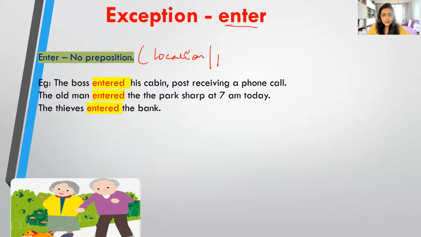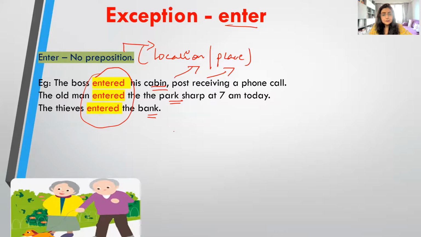So I will say the boss entered his cabin. I will not say the boss entered into his cabin or entered in his cabin. The old man entered the park. The thieves entered the bank. Because cabin, park, bank all indicate a location or a place, there is no preposition involved here.